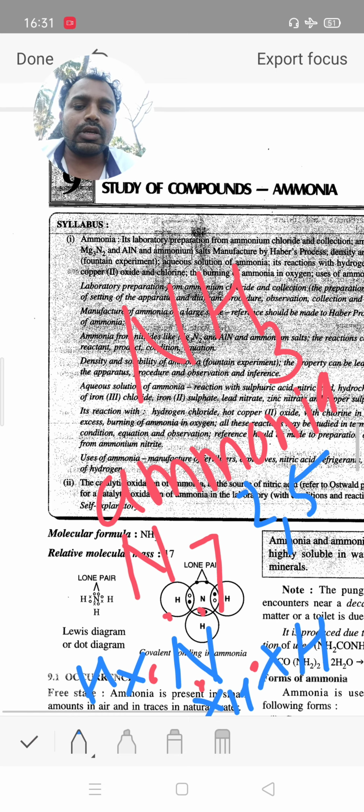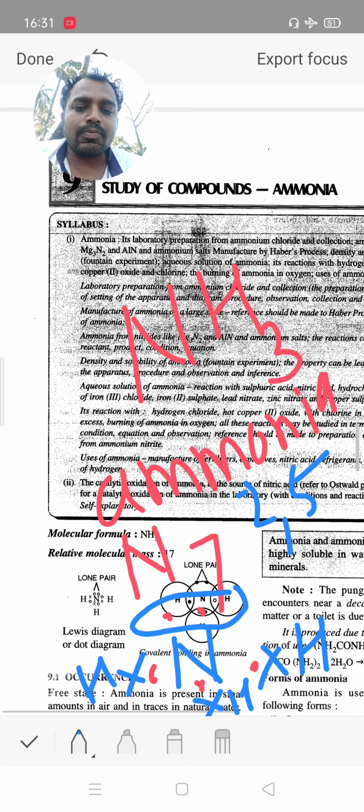In this ammonia molecule, these 2 electrons mean 1 lone pair. So the total number of valence electrons in the ammonia molecule is 8, and there is sharing of electrons between nitrogen and hydrogen, so it forms a covalent bond.